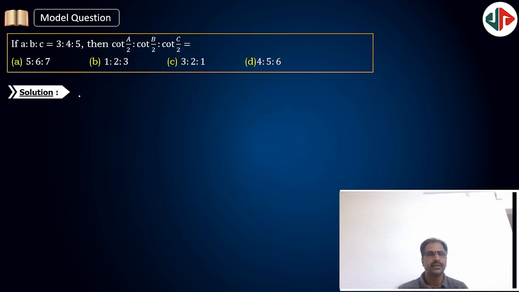Next. Here the sides ratio is given and you have to find the cot A by 2, cot B by 2, cot C by 2 ratio. There is a shortcut formula for this.